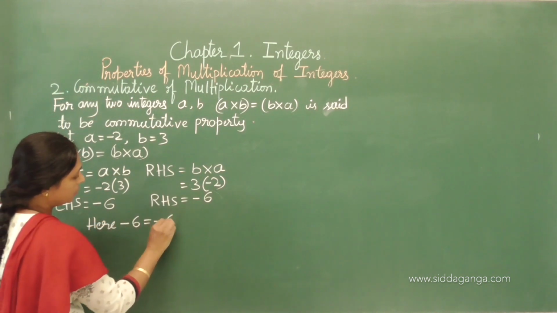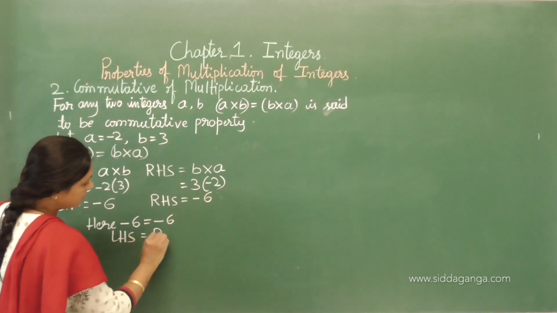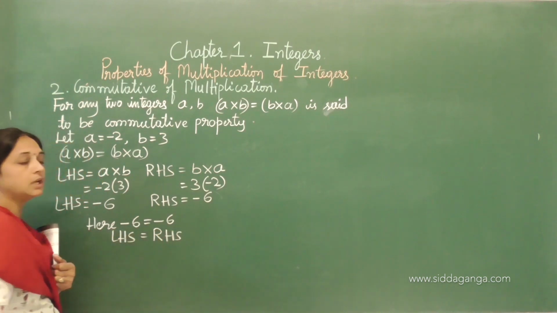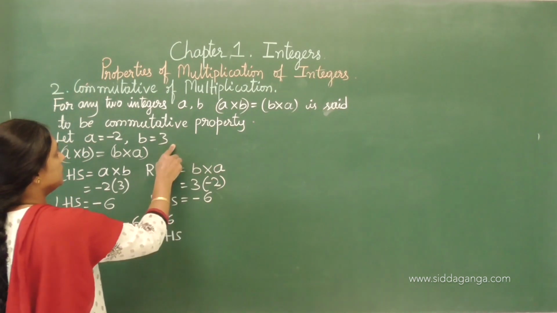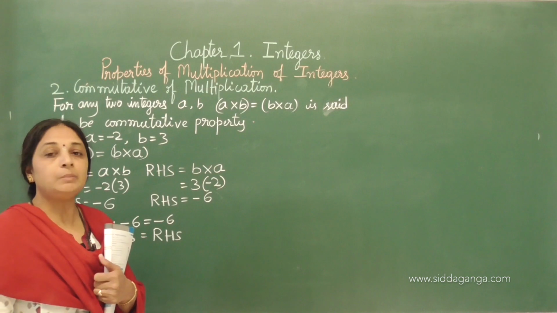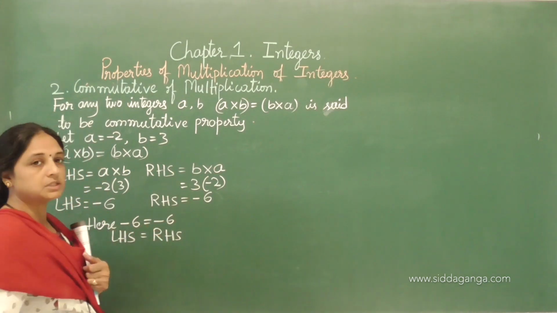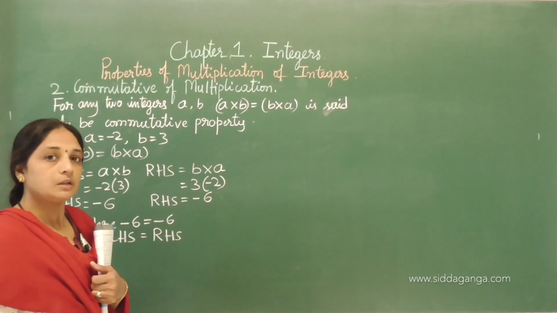Okay, then here -6 is equal to -6. That is LHS is equal to RHS. Then what can we say? We can say that multiplication is commutative, because here -6 and -6, LHS and RHS are equal.